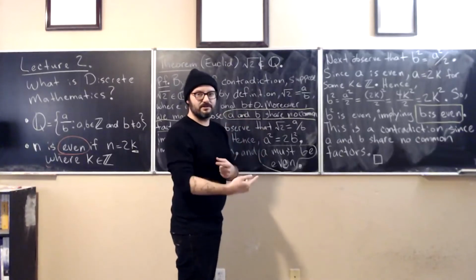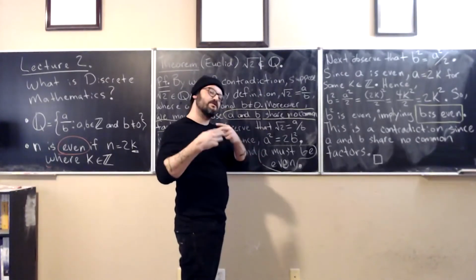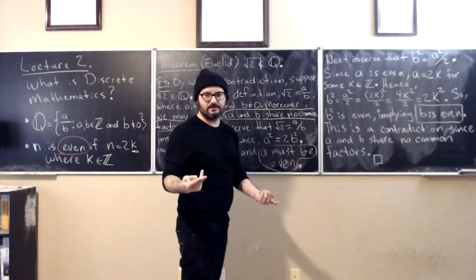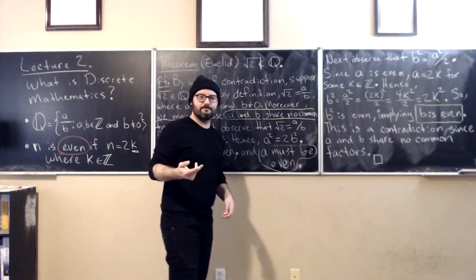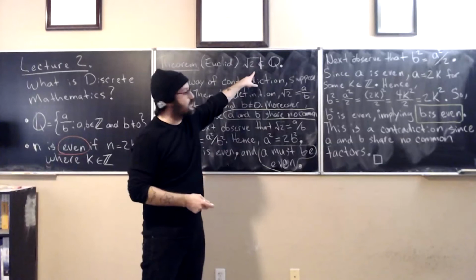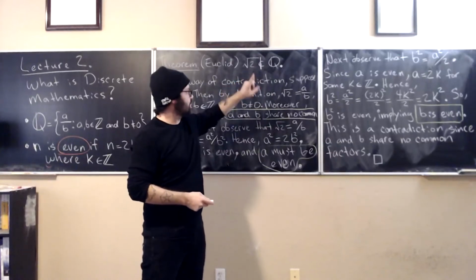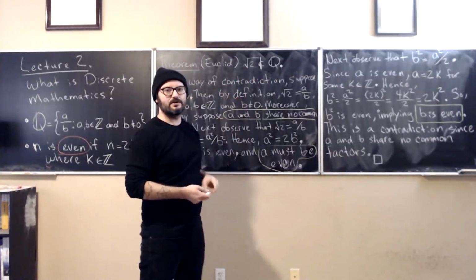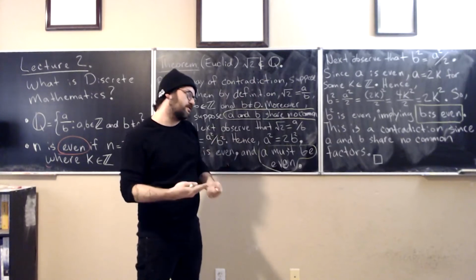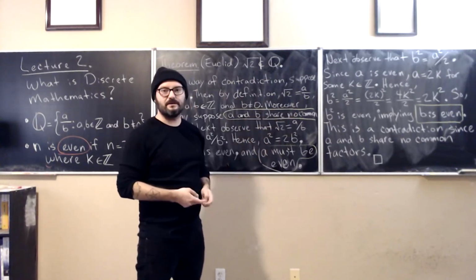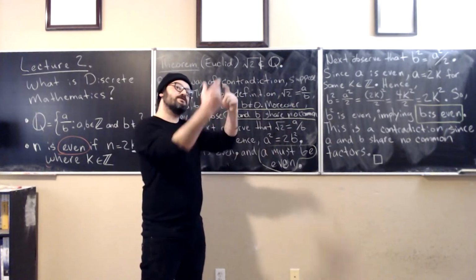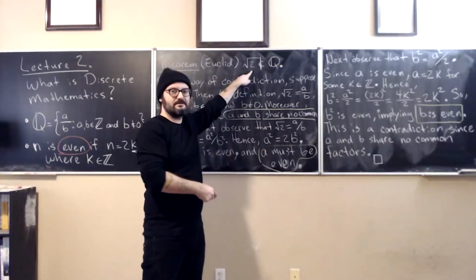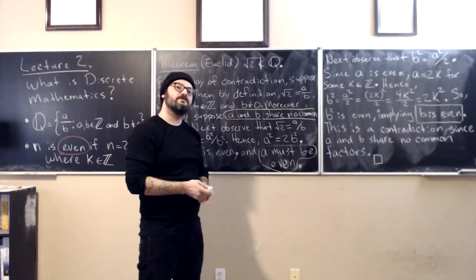There's this dichotomy, a binary relationship between a proposition and its negation, as we'll learn next lecture. So the negation of this statement, which is what we supposed at the beginning of our argument, is false because these things can't happen at the same time, which means that the original statement must be true.